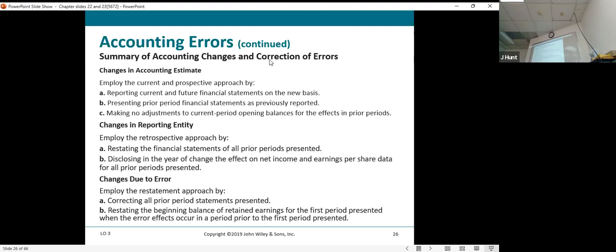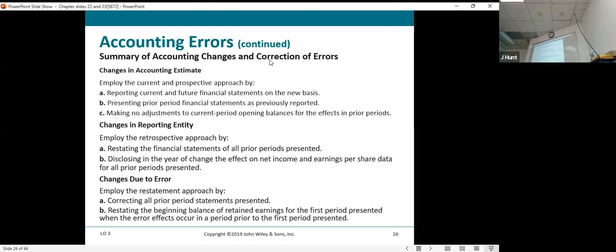Changes in estimates, of course, use the current and prospective approach, as we said, and there's no adjustment to opening balance effects because this is considered a normal part of business. Changes in reporting entity are retrospective, so you have to go back and restate, right? And you have to disclose the impact on your income and earnings per share. Errors, you have to restate, right?